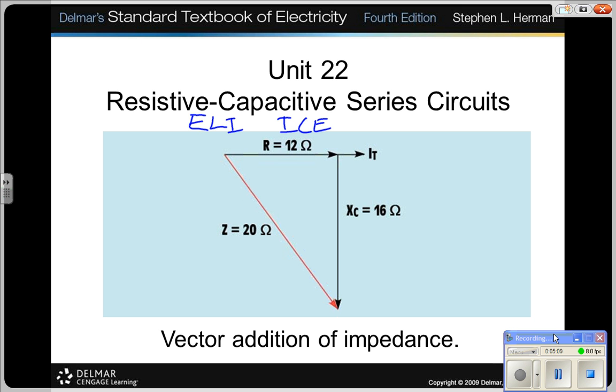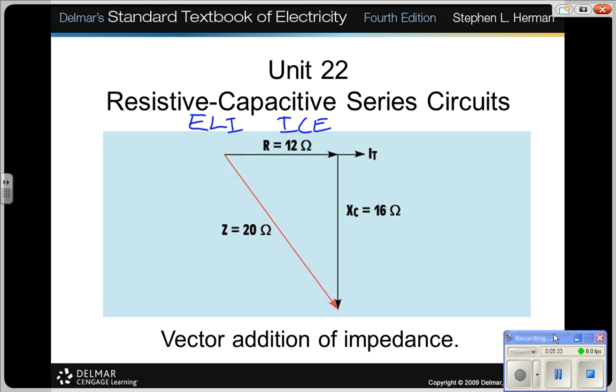This is a reminder that in inductance, L, remember R sub L? Not R sub L, X sub L? Inductance. This is the L out of the X sub L. Okay? And voltage is ahead of the current in an inductive circuit. ELI. In inductive circuits, voltage leads the current.